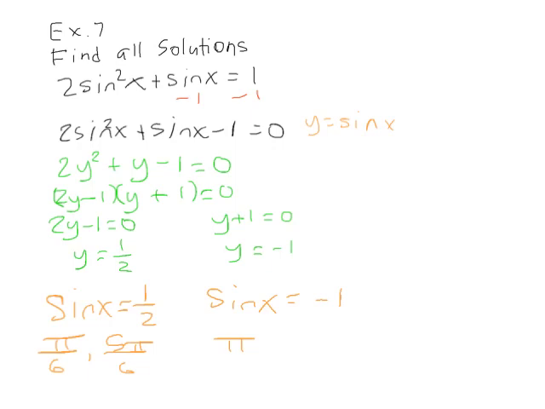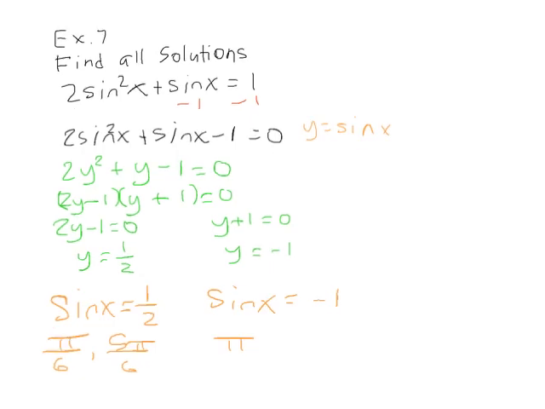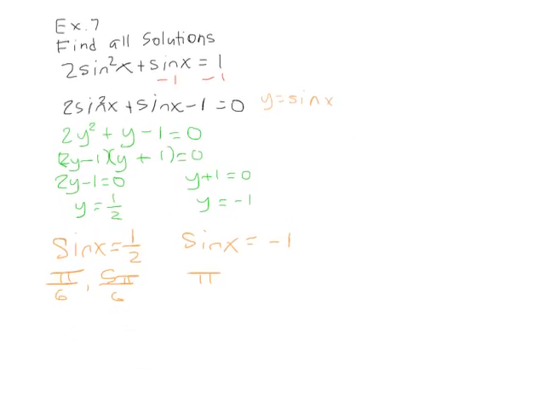Now, keep in mind that sine is periodic. So to be a little bit more correct, we will have answers when x is equal to pi over 6 plus 2n pi. In other words, every 2 pi units, pi over 6 works.